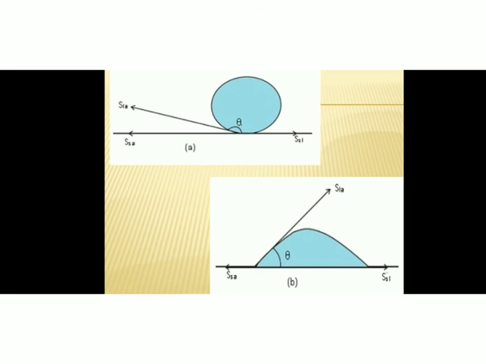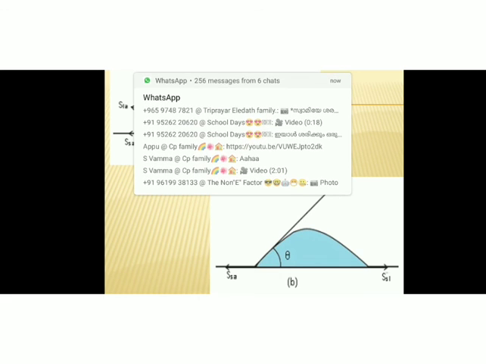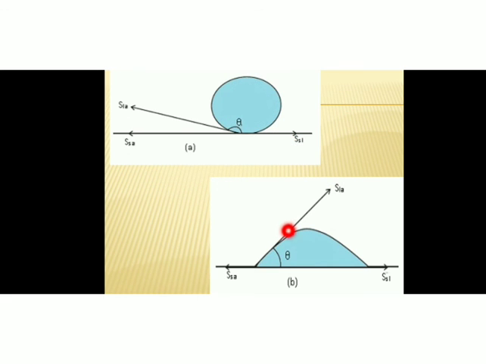See, this is the liquid surface, and this is the tangent drawn to the liquid surface at the point of contact, and this theta is the angle between this tangent and the solid surface, and this theta resides inside the liquid surface.